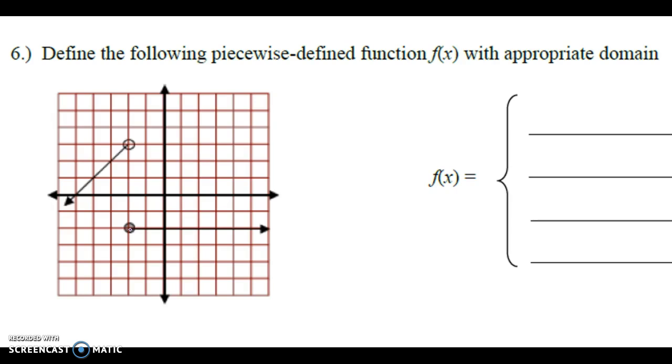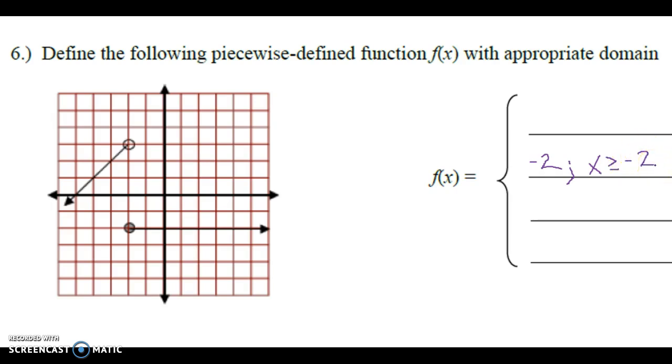We have a closed circle here at -2, 2, and then a constant function at y equals 2. So this one is going to be f of x, or y equals 2, and it's going to be for all values of x greater than or equal to -2.